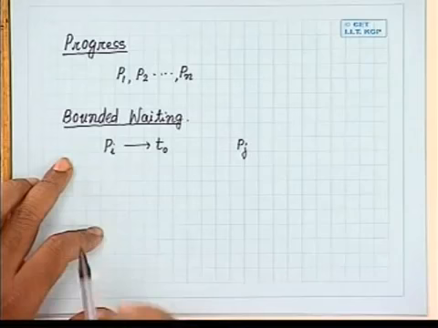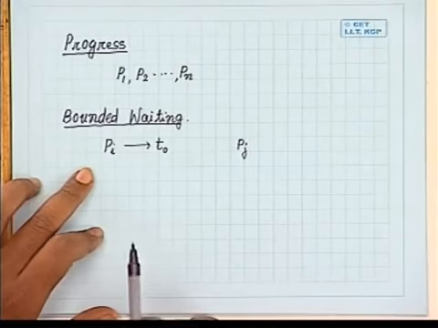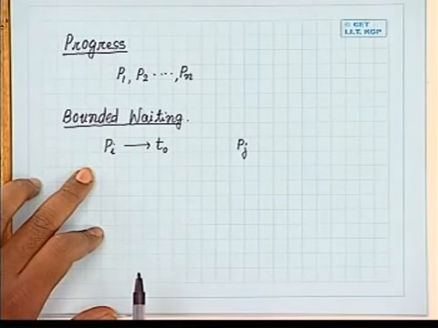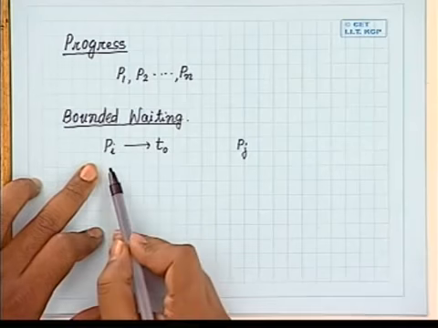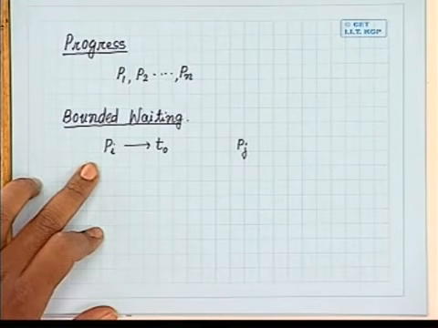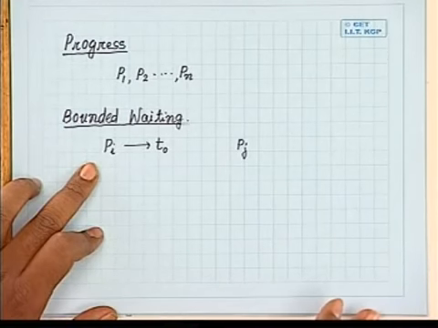So this bounded waiting says that when a process Pi puts a request for entering the critical section, the number of other processes who can enter the critical section before Pi gets the entry must be bounded. That is, a process should not wait indefinitely to get entry into the critical section.